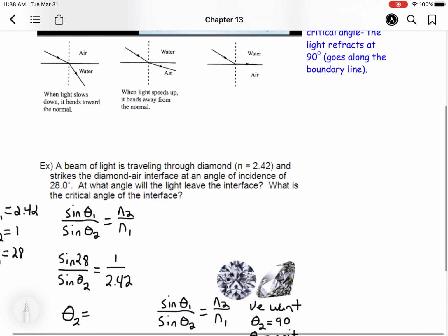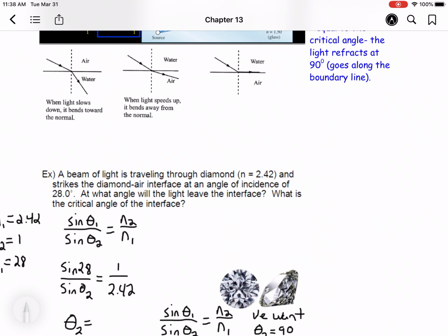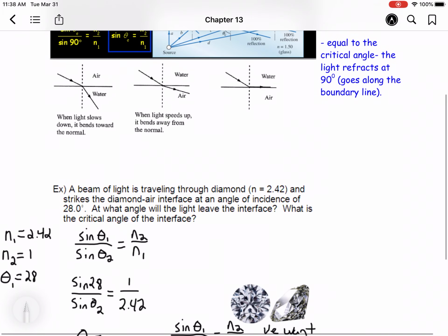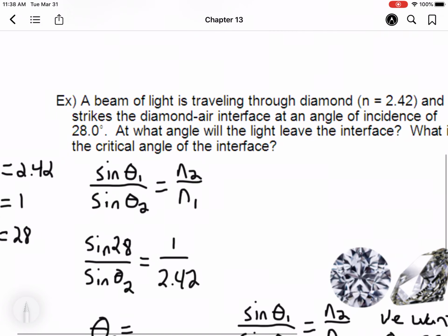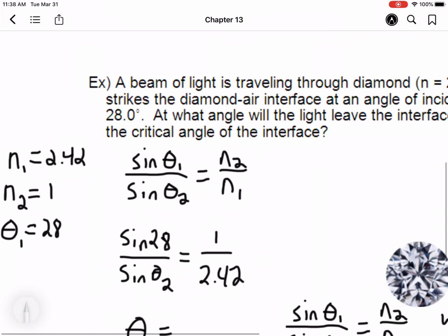All right, so we have a question here. A beam of light is traveling through a diamond, with an index of 2.42, and strikes the diamond-air interface at an angle of incidence of 28 degrees. What angle will the light leave the interface? What is the critical angle of this interface? So we try to do this here. We say n1 is 2.42, n2 is 1, the initial angle is 28, and we're trying to figure out what angle it comes out at.